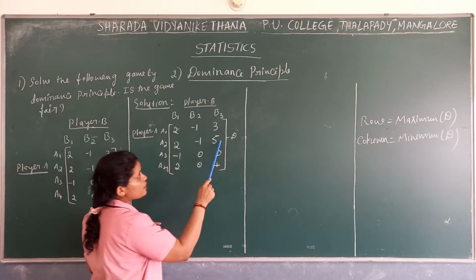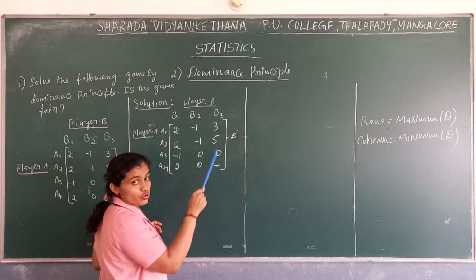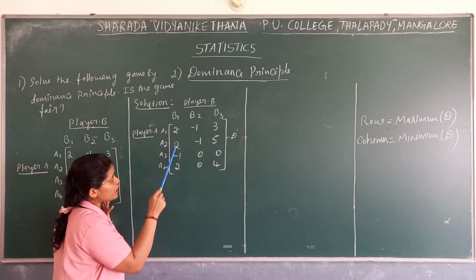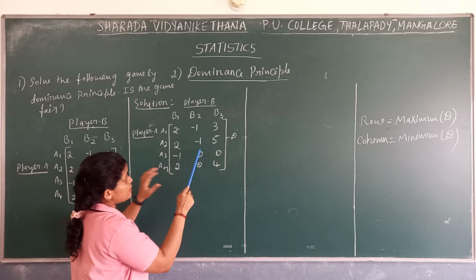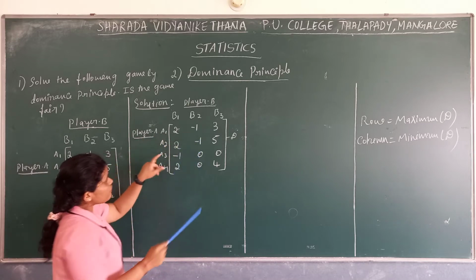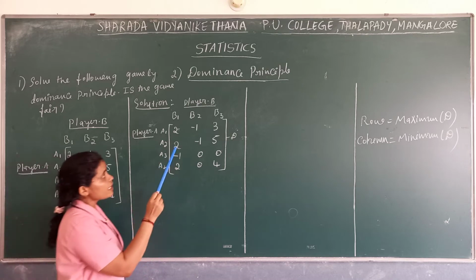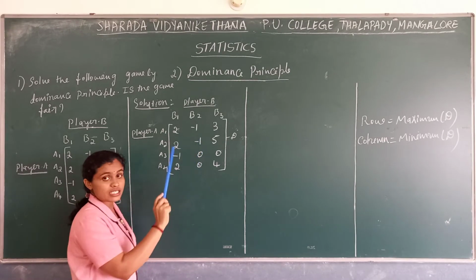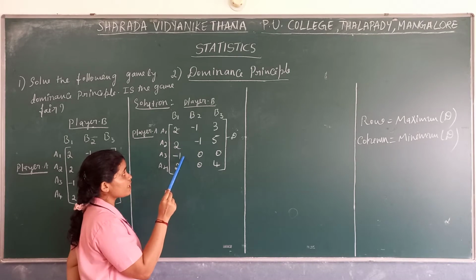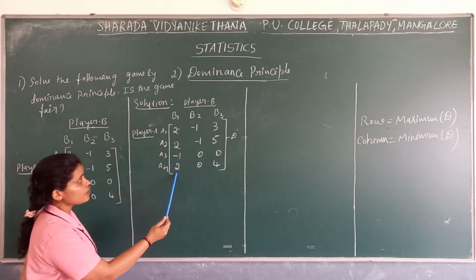Now you can compare this dominating row with the other two rows. Compare A2 with A3. Here this is greater and here this is greater, so comparison is not possible between A2 and A3. Now compare A2 with A4.